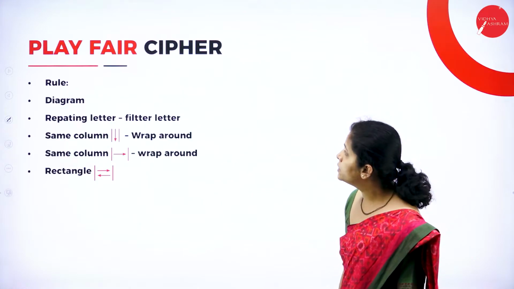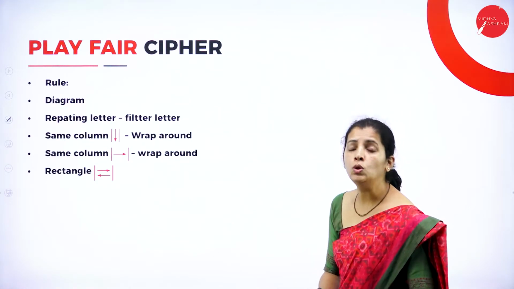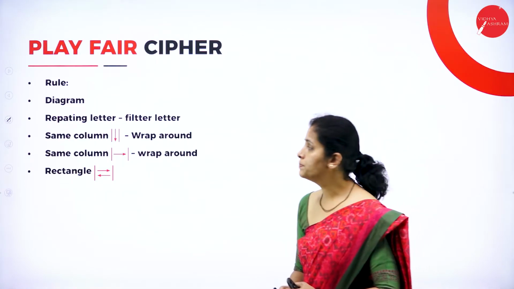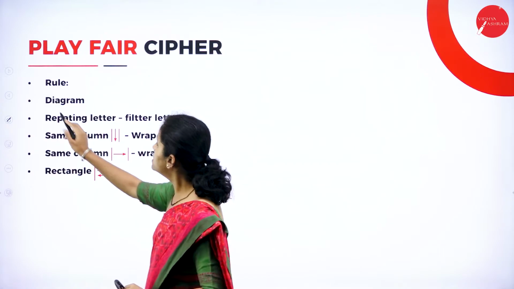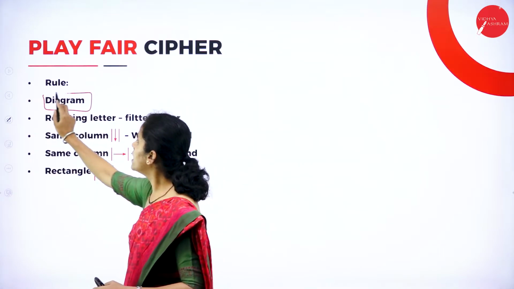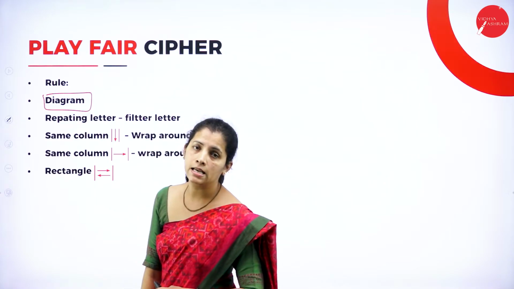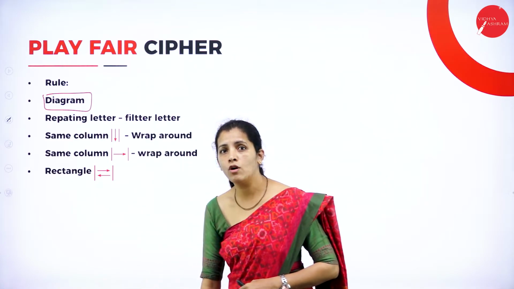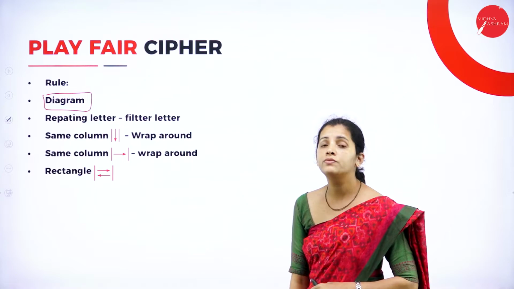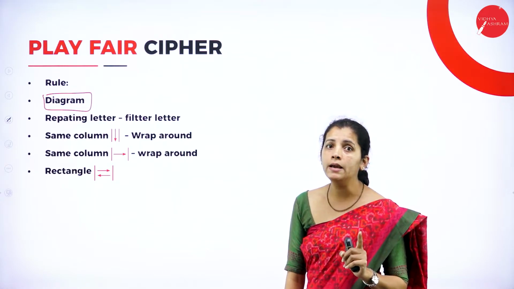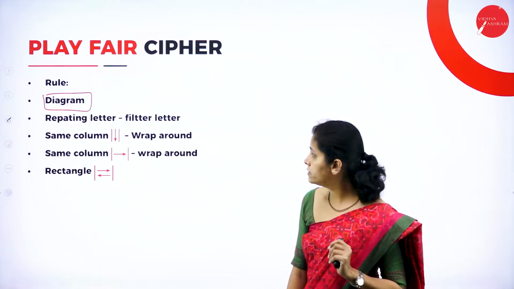Now, let me consider the rules to solve this Playfair cipher. So here, first, I want to draw the diagram. First, I want to draw the matrix, and the matrix is in the form of a 5 cross 5 matrix, and I can place only 25 characters.